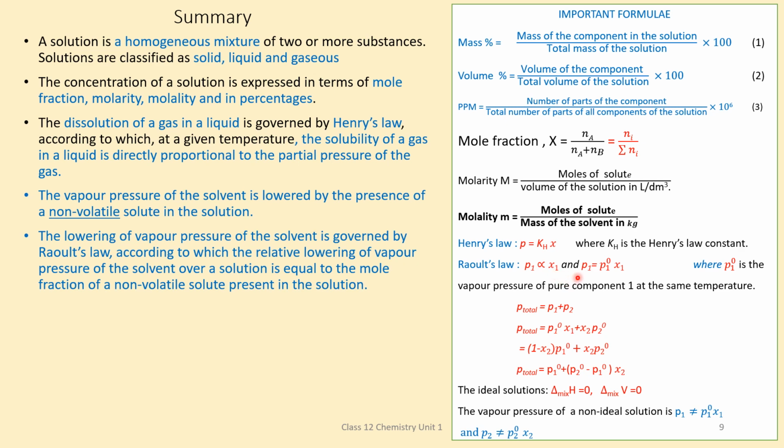That can also be written as P1 is equal to P1 naught x1, where P1 naught is the vapor pressure of the pure component 1 at the same temperature.